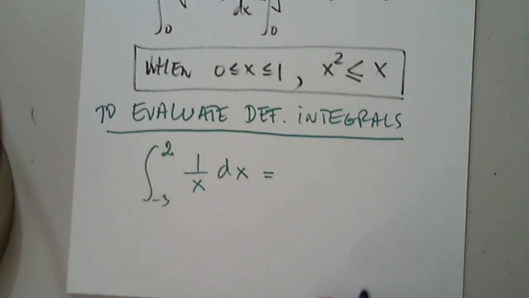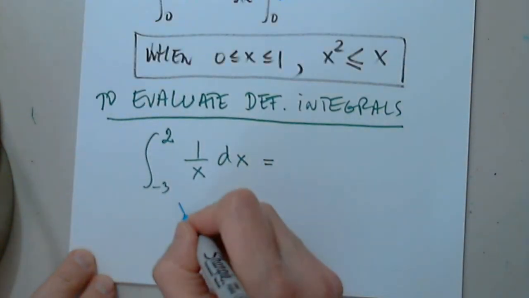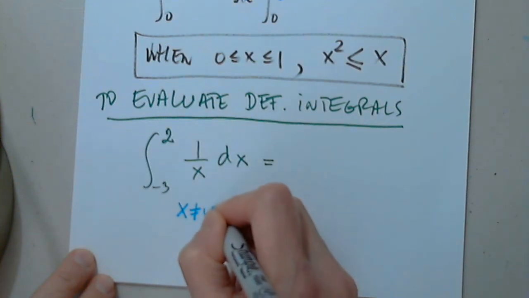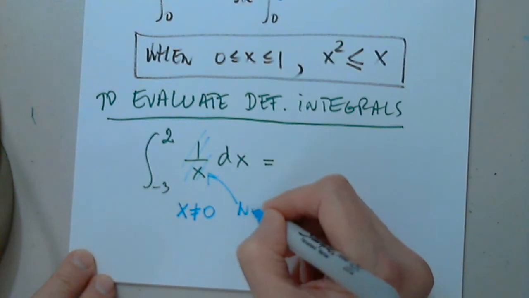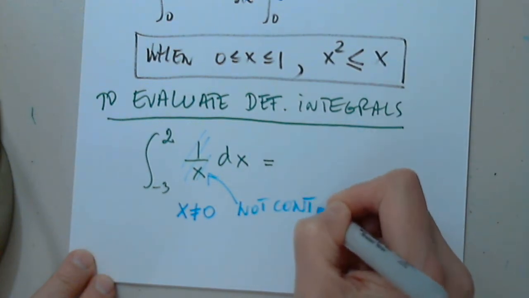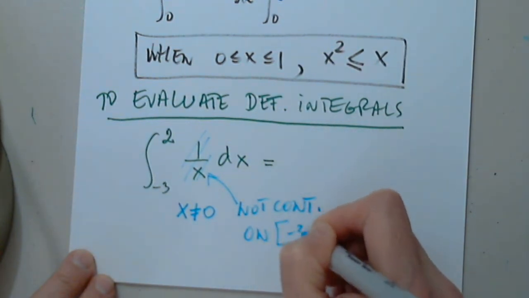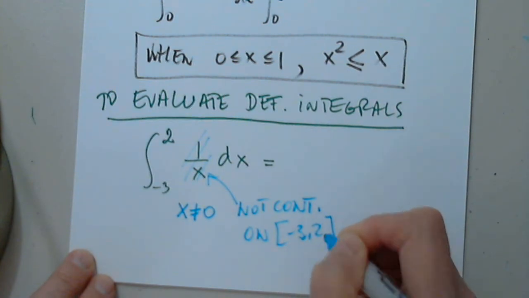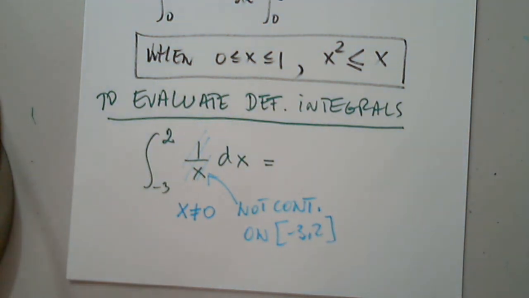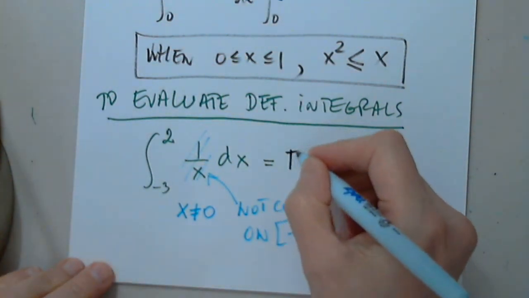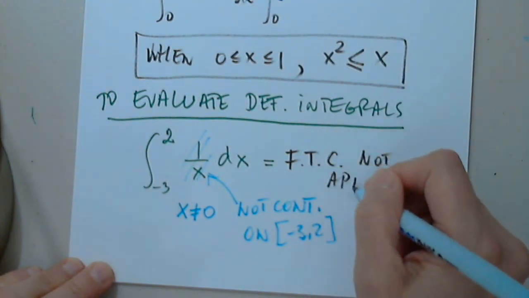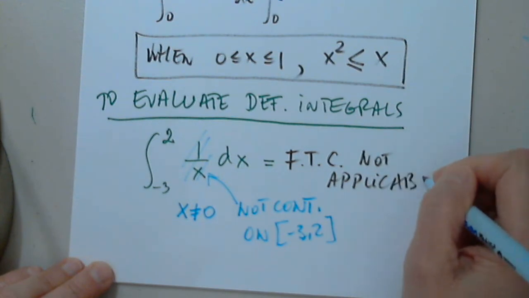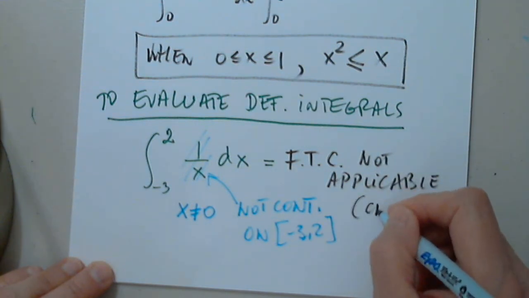Very good point. So what you are really saying is that x cannot be 0, which means this function is not continuous on [-3, 2]. And the answer is FTC not applicable. Wait till Calc 2.